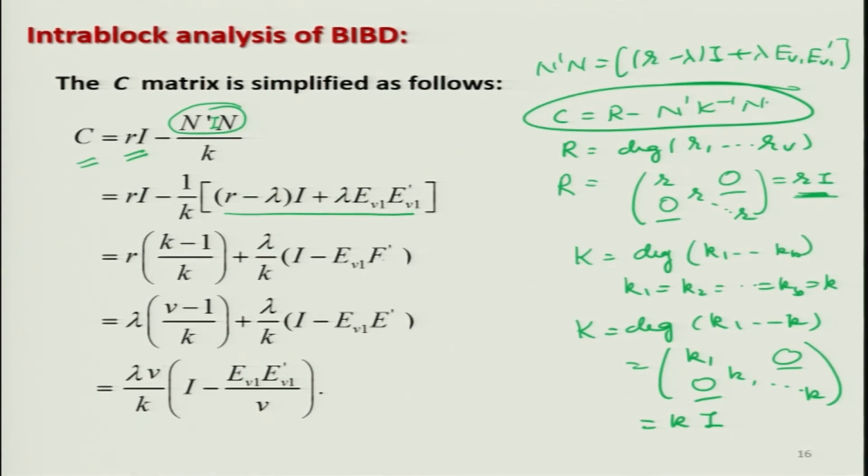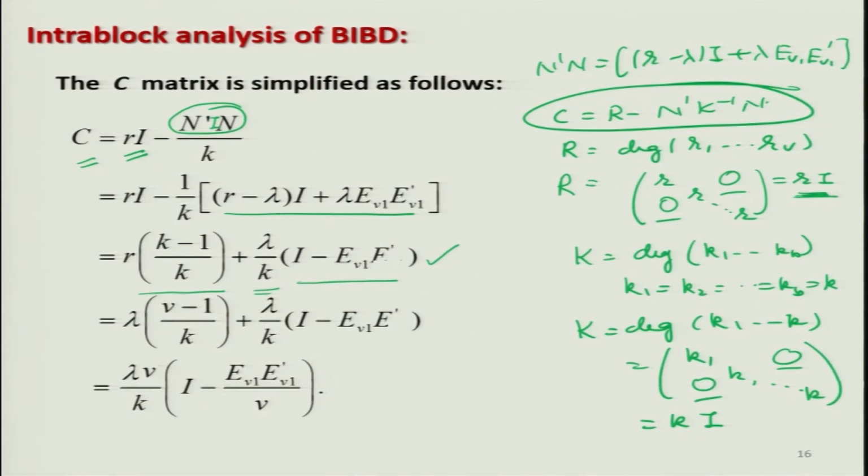Now, we simply have to solve it. So, let me simplify it here. This can be obtained as R into K minus 1 upon K plus lambda upon K into I minus EV1 into EV1 transpose.